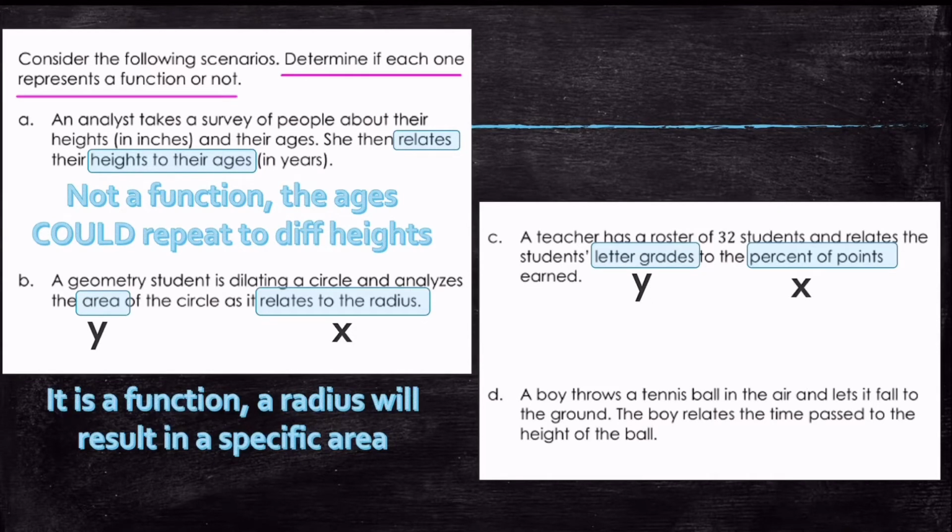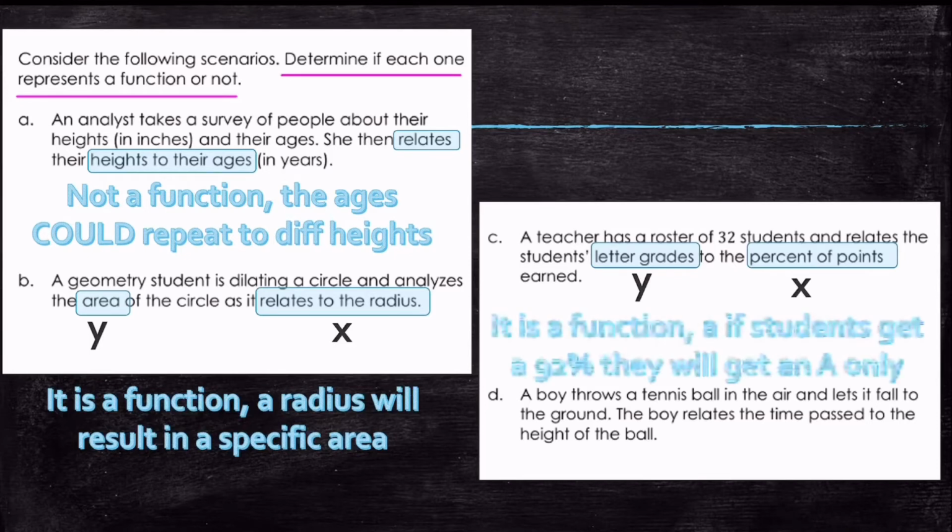Well, then that transfers into their letter grade. So if Allison got a 90 and Joey got a 90, they're both going to get A's, right? So it's got a specific output. You're not going to give someone a 90 an A and then someone else that got a 90 a B. So there is a specific output for that specific input, and it's only one. Therefore, it is a function.